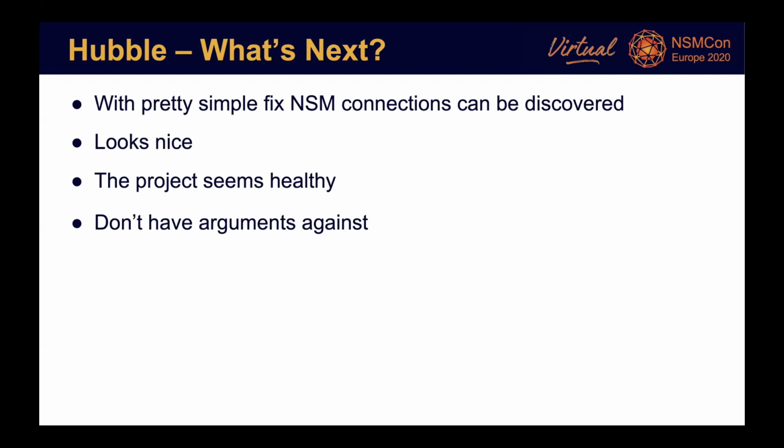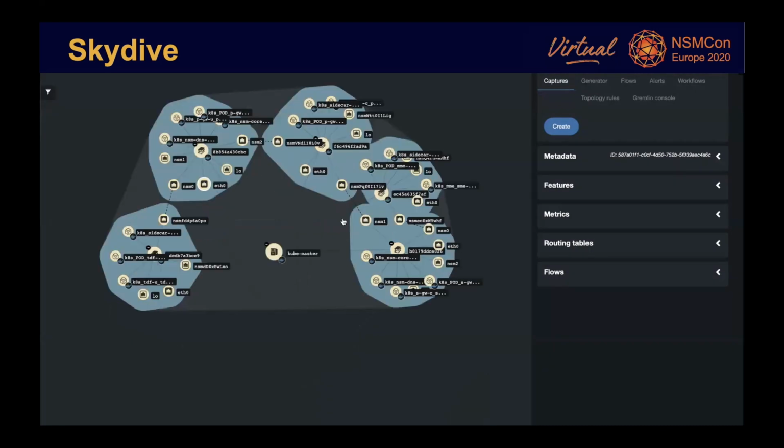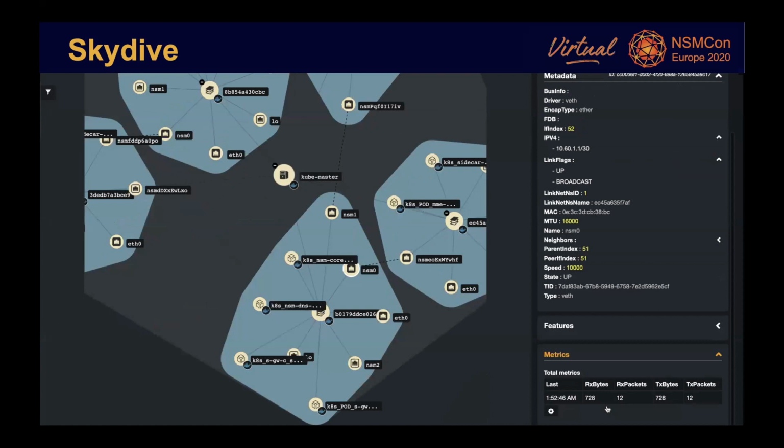What else we have? We have Skydive. This is a project that we already use. It visualizes the Kubernetes cluster and all the pods that are created in our network. And it already supports traffic metrics. But what is the problem with them?